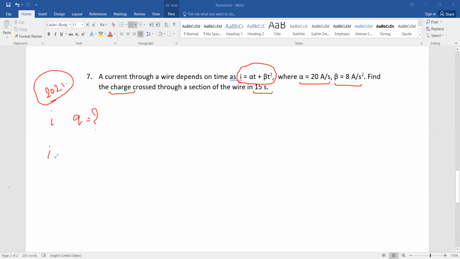Current is the rate of flow of charge, that is, how much charge has flown in a given amount of time. Let us use this relation and calculate the amount of charge that passes through a section of this wire in 15 seconds.